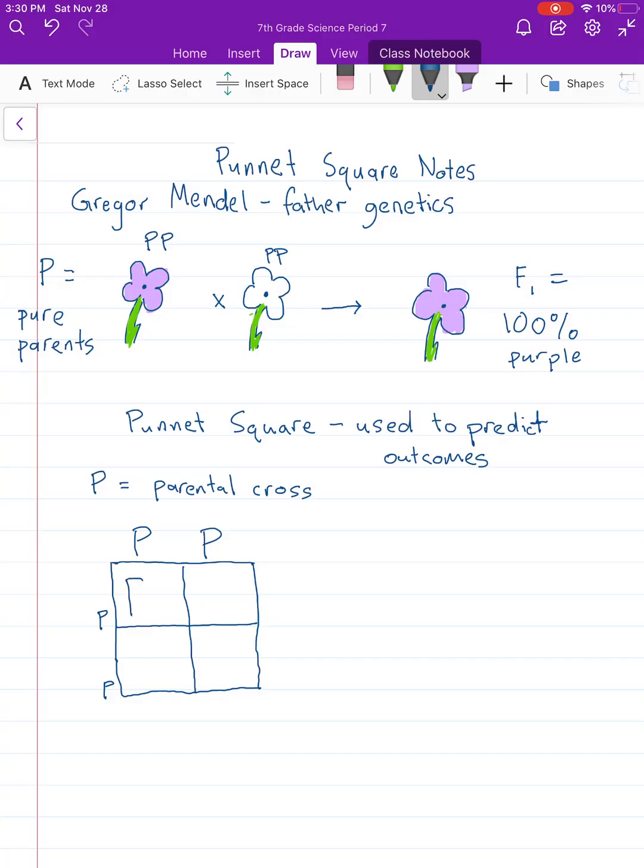So I use big P, and I take the top box and the side, the top line. My first plant will be big P, little p. Then I go to the next box, the second box over, big P, still top line, lowercase p. And same for the bottom two squares. It's basically like reading a graph.